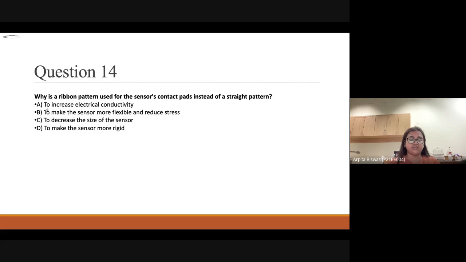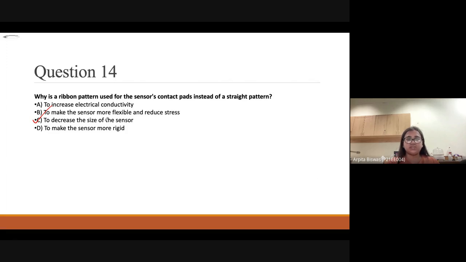So what is the right answer? So right answer is option C, to decrease the size of the sensor.